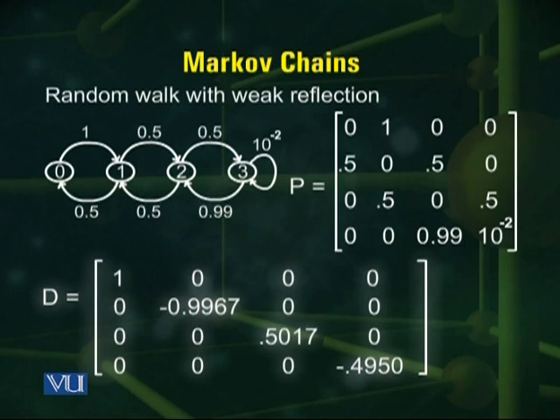You can clearly see that if you take very high powers of this diagonal matrix D, this 1 is going to remain 1, but this second number, whose magnitude is close to 1 but certainly less, is also going to become 0 but slowly. And these two numbers, 0.5017 and minus 0.495, are going to quickly converge to 0.